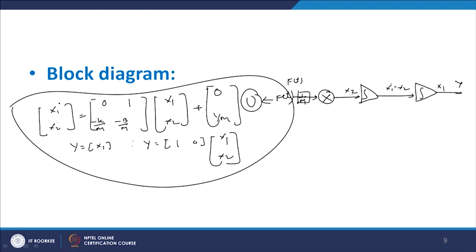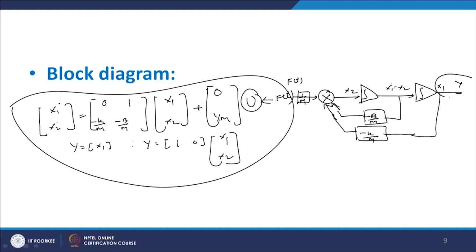So, here x2 dot equal to 1 by m into f of t, and here we have to show minus k by m into x1, then here minus b by m into x2.